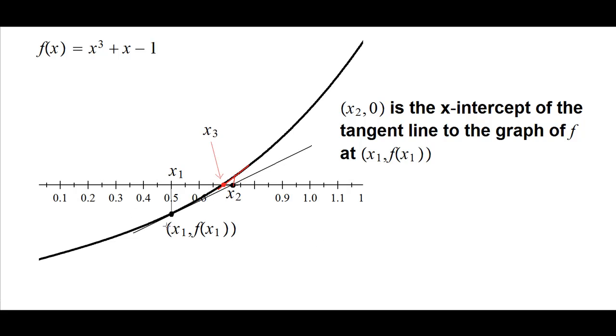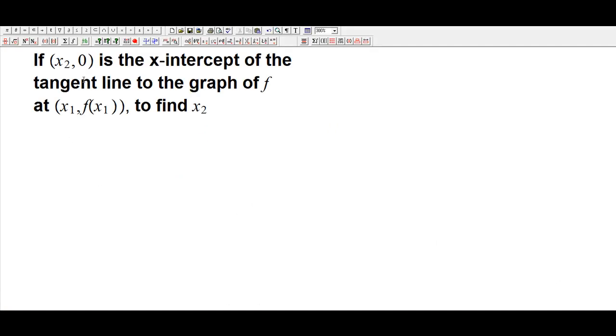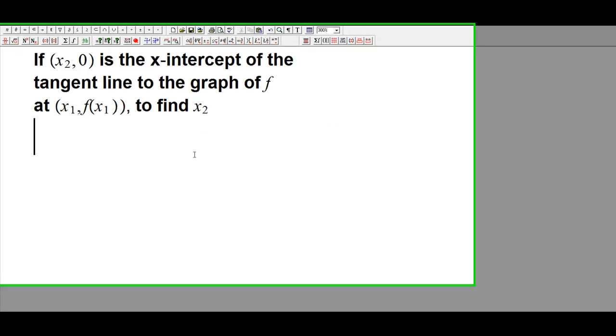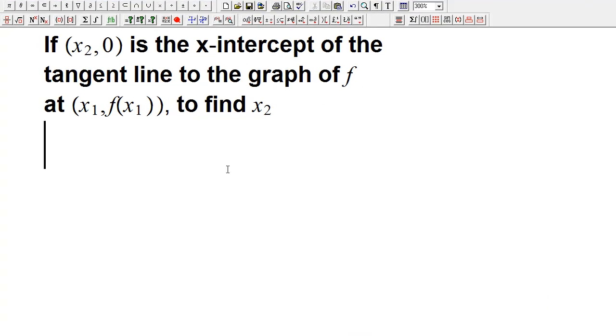If we started right, this sequence should converge, and the limit will be the solution of the equation that we want. Let's see this convergence and the approximation of the solution. If x2 is the x-intercept of the tangent line to the graph of f at (x1, f(x1)), we would like to find x2.